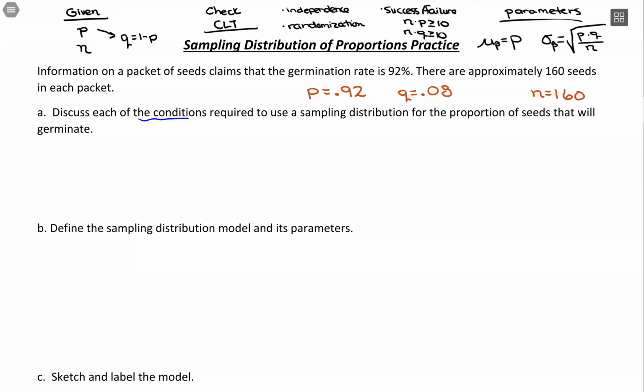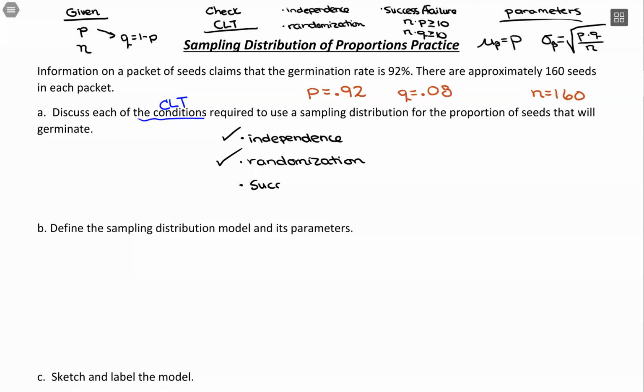So our conditions, that's going to be our central limit theorem. Independence, actually, I'll just go through and write down what I expect of you, and then I'll describe independence and randomization a bit further, just so you understand it. But what you'll be doing, for independence and randomization, we'll just assume both of those are good.